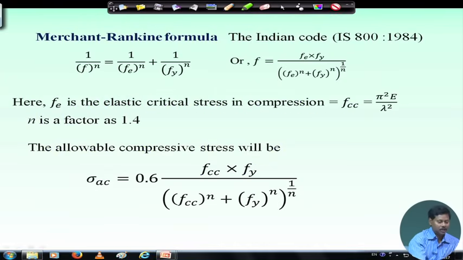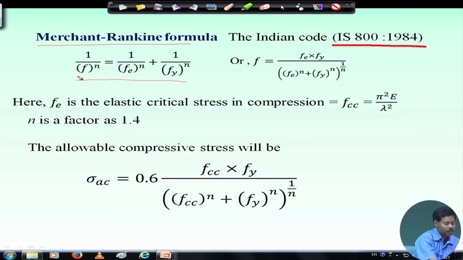In IS 800 1984 the Merchant-Rankine formula was adopted, where the basic formula was like this: 1 by f whole to the power n is equal to 1 by f_e whole to the power n plus 1 by f_y whole to the power n. Here f_e is the elastic stress and f_y is the yield stress.